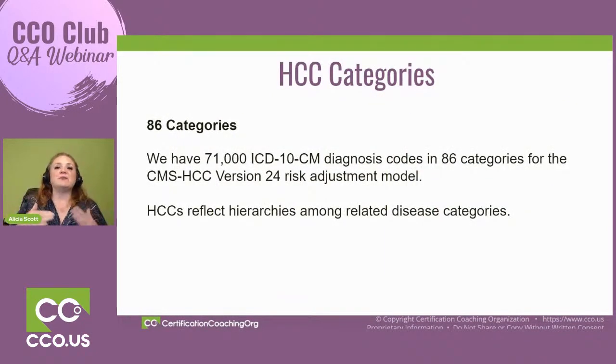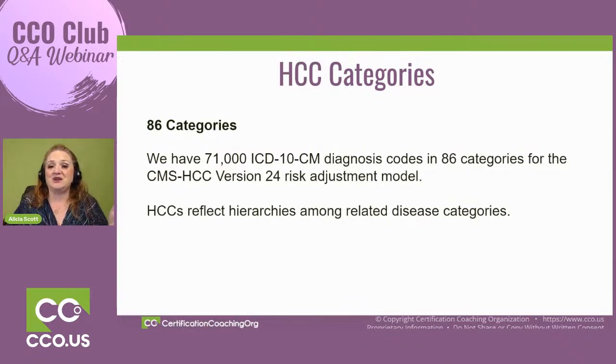All right, so now let's talk about those categories that I mentioned. How do we know what an HCC category is? Now, we have 86 categories presently. So if you're watching this at a different time, if it's more than 86, don't freak out. But in CMS HCC version 24, when I started, it was 19.